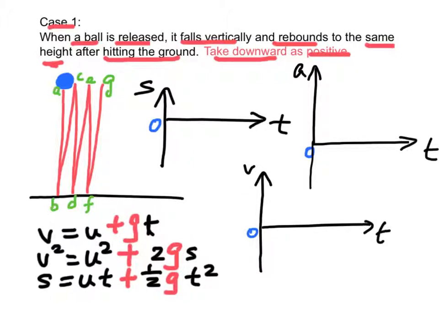From A to B, its v-t graph is a straight line with slope equal to g. From C to D and D to E, the v-t graph is also a straight line with slope equal to g, which is parallel to the original one.